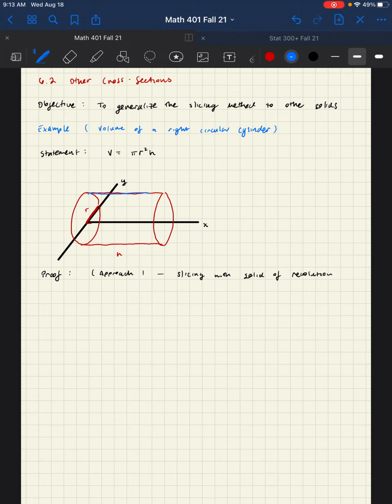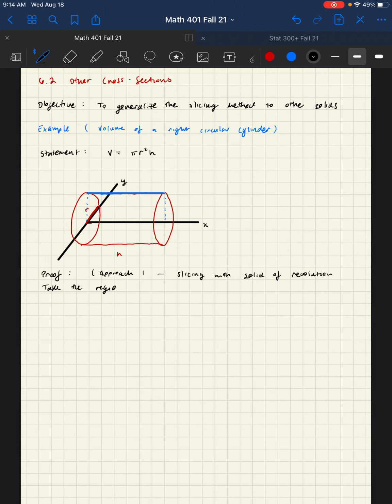If we think about this cylinder as being generated by taking this curve, the area bounded between this curve, the x-axis, and the left endpoint 0 and the right endpoint h.